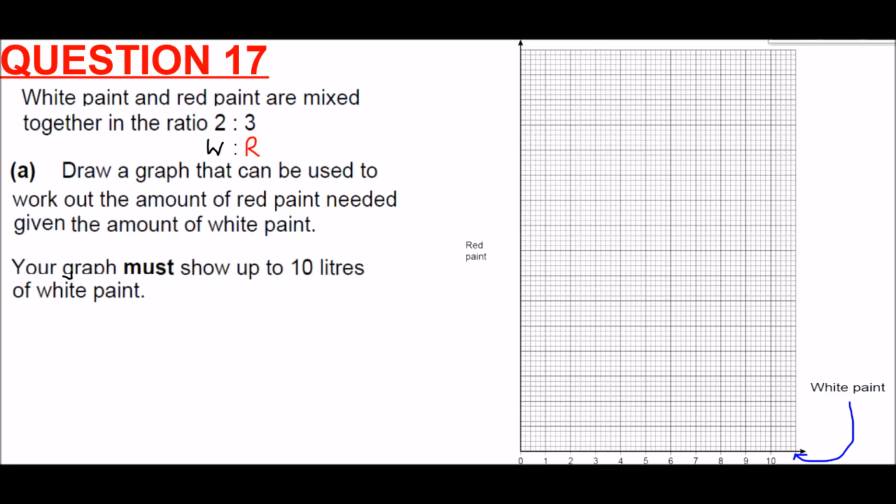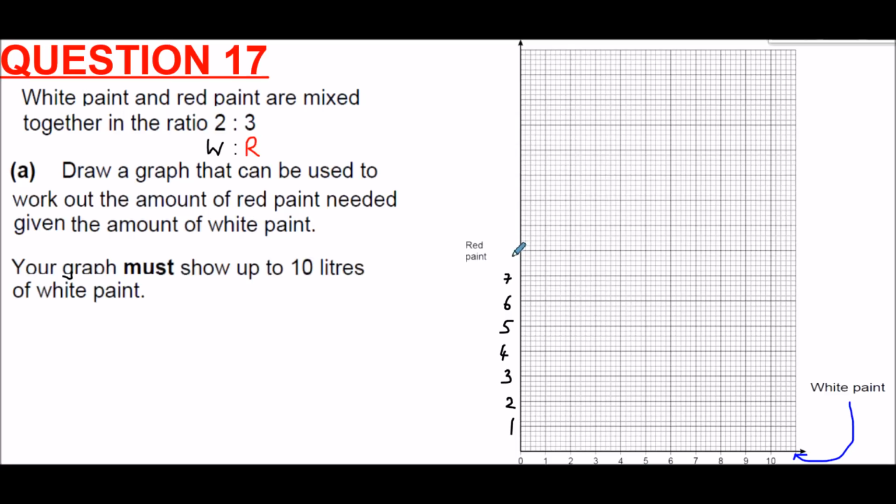And so for 2 lots of white, we'd need 3 lots of red. But of course, if you look here, there's no scale. What I'd suggest is to keep the scale the same and have each big square equal to 1 litre of red.